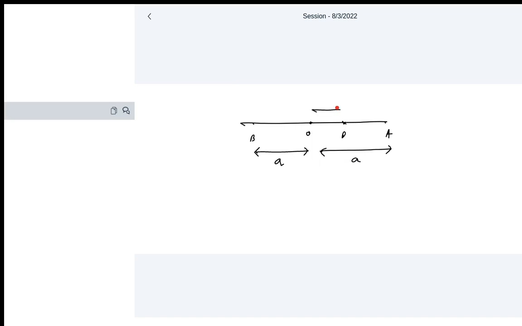And now the distance between O and D is equal to x. So the distance between D and A is a plus x, and the distance between B and D is a minus x.